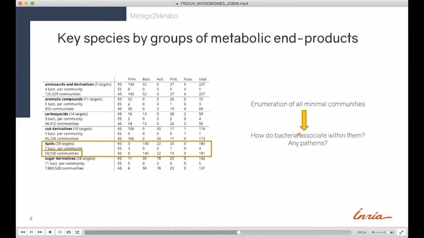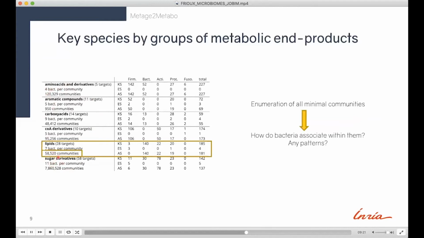For each group, we computed the key species among the initial 1,500 species, but we also enumerated all equivalent minimal communities to evaluate the combinatorics of the problem. So here we have our 6 categories. The minimal size of a community is ranging from 4 to 11 bacteria.